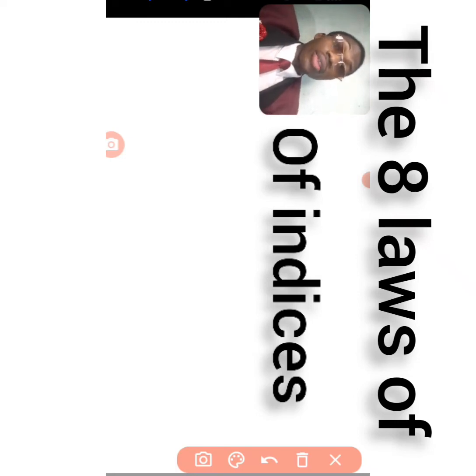All 8 laws of indices are applicable. You need to know them so that when you see a question, you pick up the law which is suitable to answer that question.